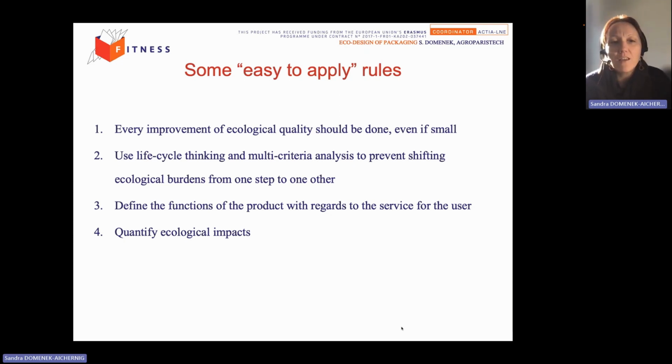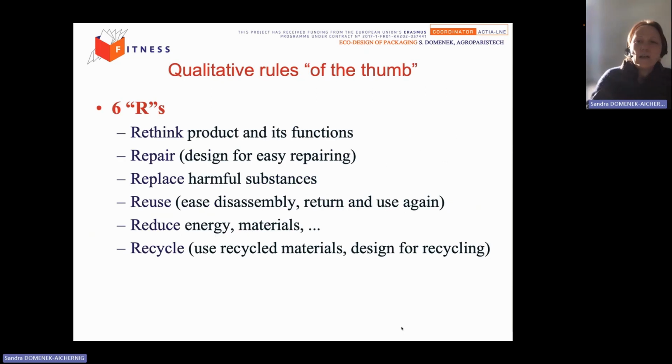Use life cycle thinking and multi-criteria analysis to prevent shifting ecological burdens from one step to the other, and define the functions of the product with regard to the service for the user and not with regard to what you already have. This can then bring you to a more innovative eco-design and quantifying the end ecological impacts.